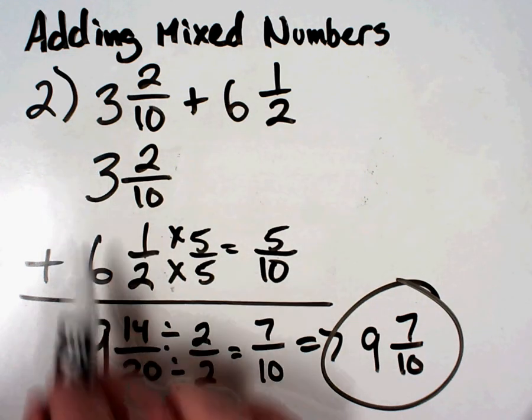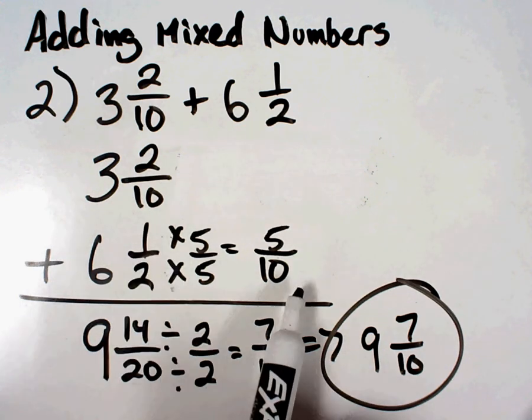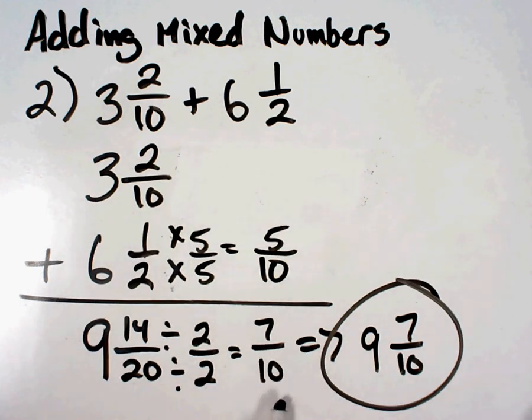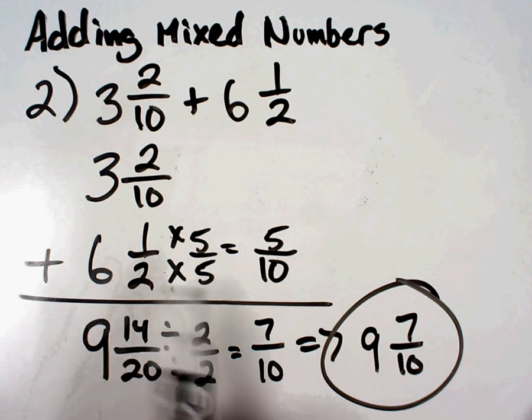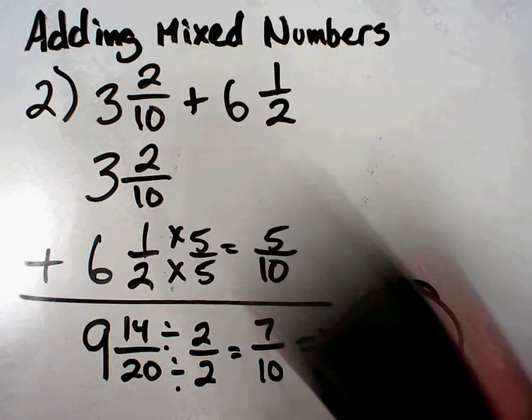So my whole numbers wouldn't have changed. 3 plus 6 gives me 9, and 2/10 plus 5/10 would have given me 7/10. So either way, I'm going to get to the correct answer. But this is one of those situations where using the common denominator by multiplying my denominators is going to have me reducing at the end of the process, which is fine because we still get to the same answer either way.